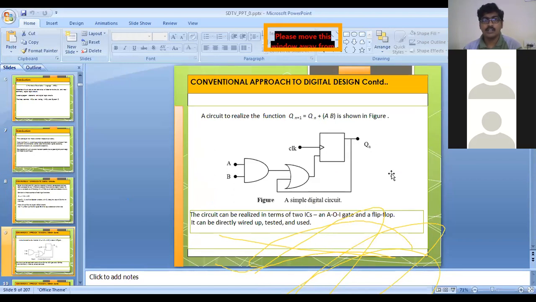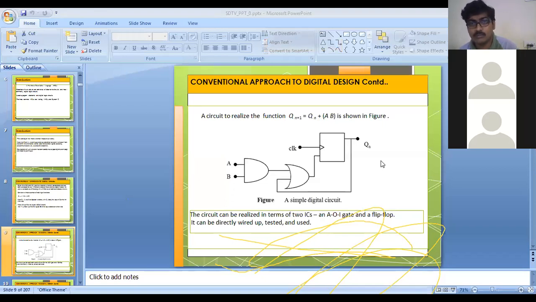A and B are given as inputs to the AND gate, and the result from the AND gate is fed as an input to the OR gate, and the output from the OR gate is once again given to the flip flop, some basic flip flops.